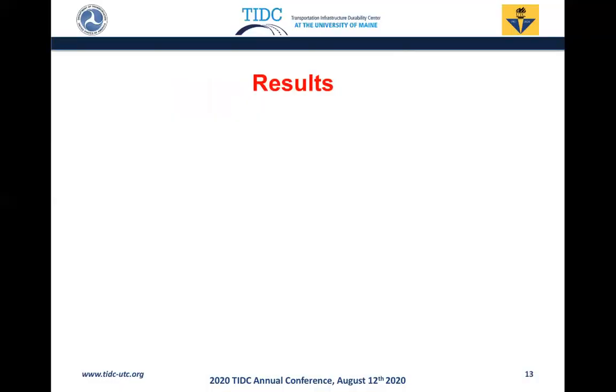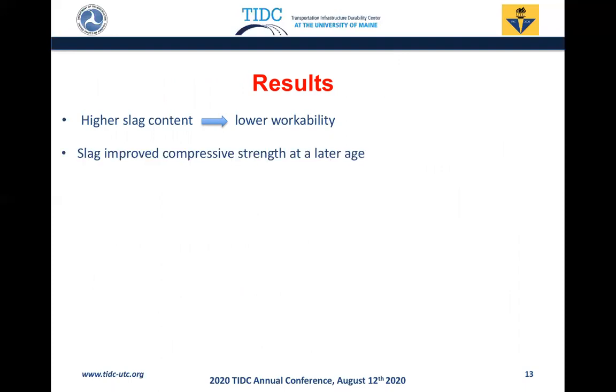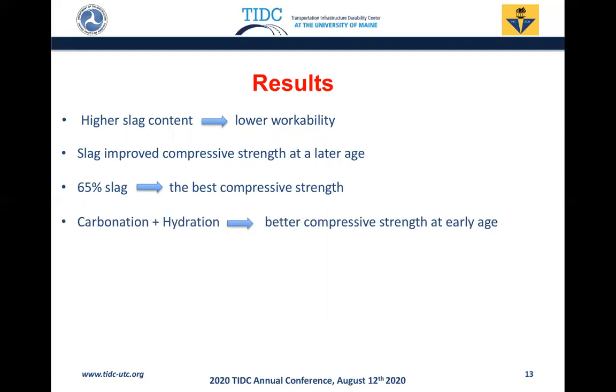So the results show that higher slag content lowers the workability. Slag improved compressive strength at later age. 65% slag is the optimum for compressive strength. Carbonation hydration improves compressive strength at early age.